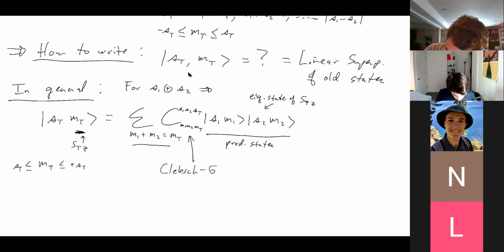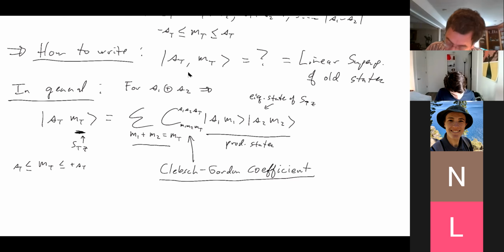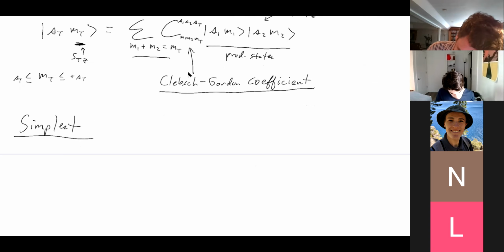Clebsch-Gordan coefficient. What we did last time for the singlet and triplet states was actually derive the Clebsch-Gordan coefficient for the simplest case, but now I'm writing it in general. I'm not going to rederive the whole thing, but I just want to write down some of the results.